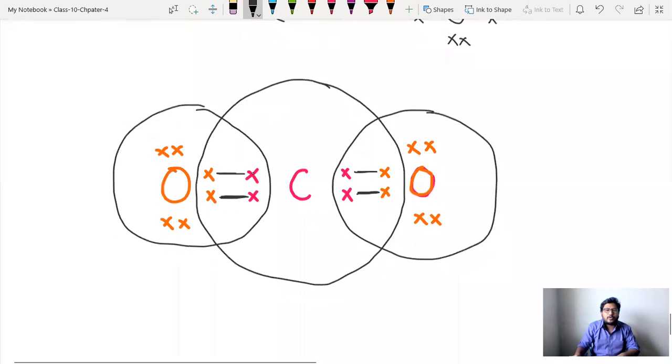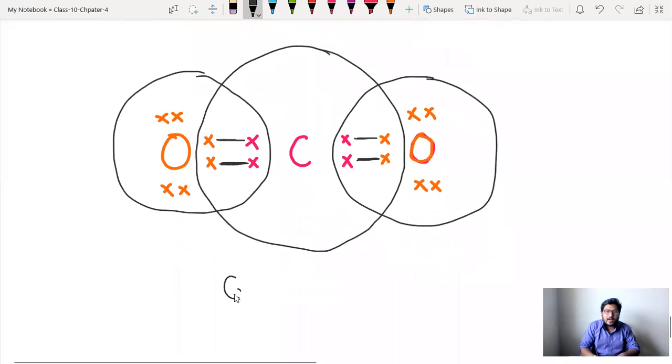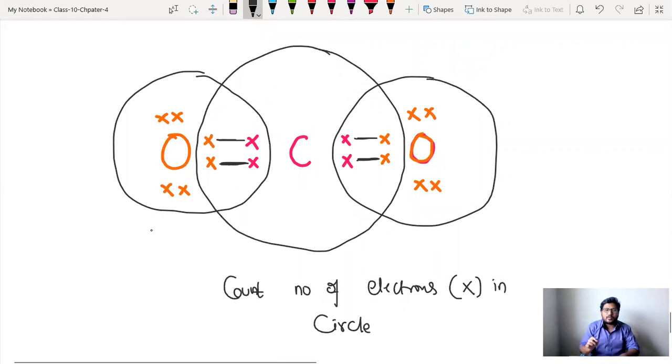Now what you have to do is count the number of electrons. Electrons means this cross in circle. There are 3 circles, isn't it? In these 3 circles, try to count the number of electrons. In this first circle, 1, 2, 3, 4, 5, 6, 7, 8, 8 electrons.